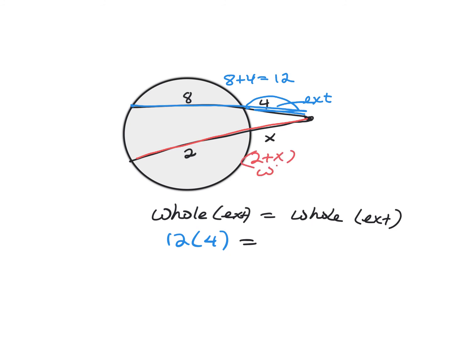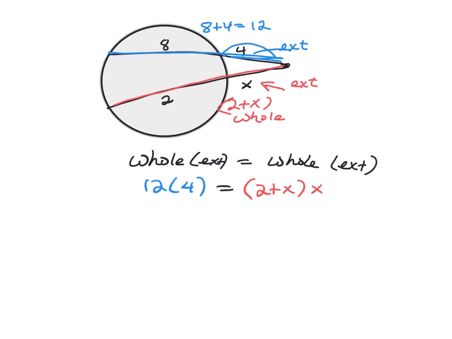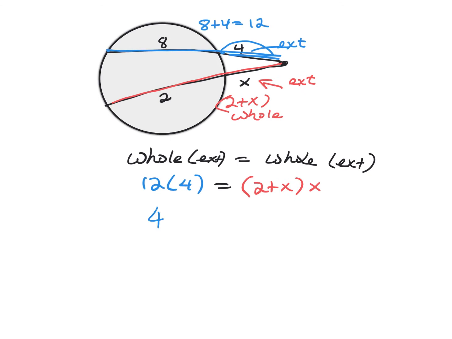That's going to be the whole amount. And then x is the external. So 2 plus x times x. We need to multiply and distribute here. So 12 times 4 is 48. 2 times x is 2x, and x times x is x squared.